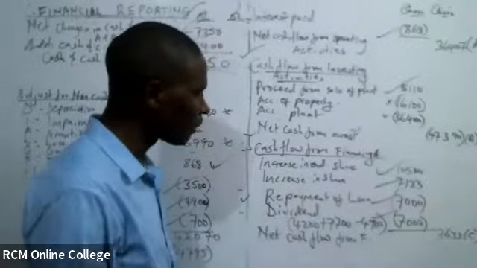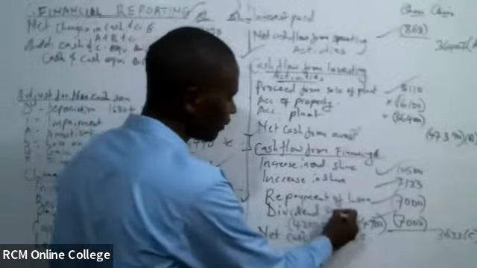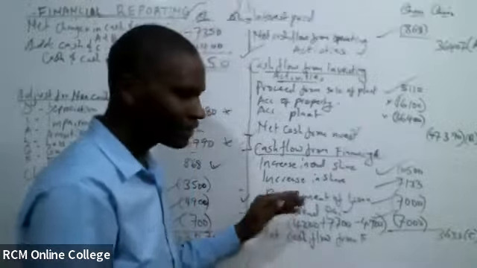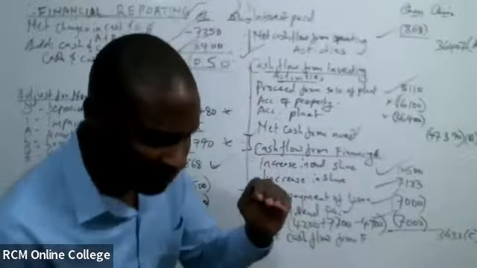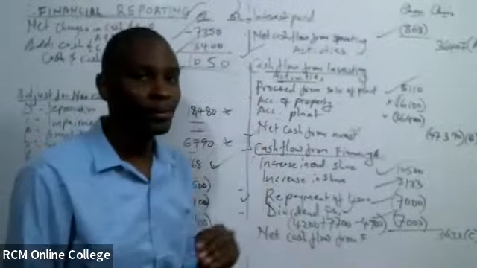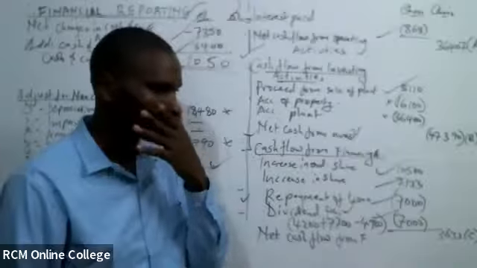To get the dividend paid, in fact it should be the paid. So tunatoa. To get the dividend paid, what you do, you just look at the retained earning, Frida. Retained earning is under equity item or equity section.